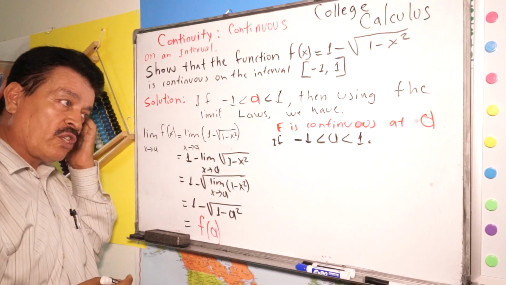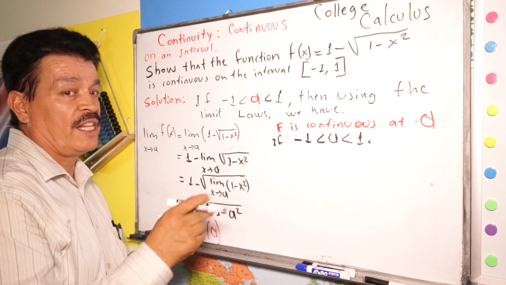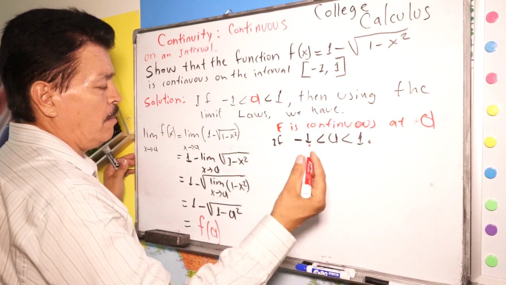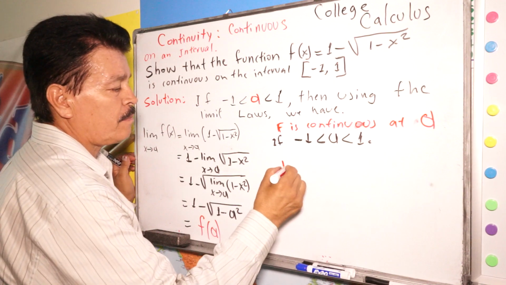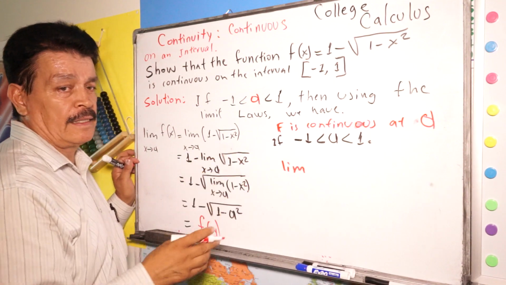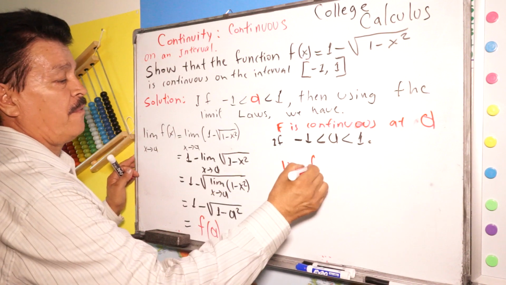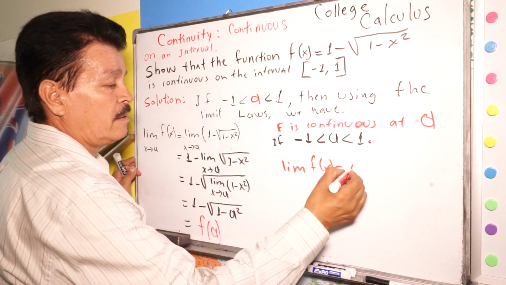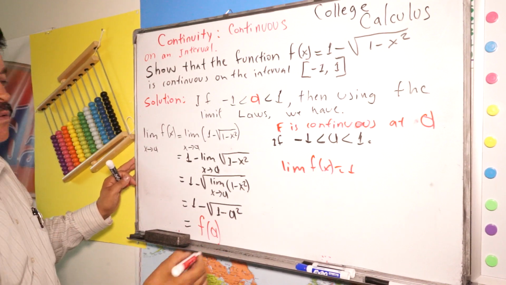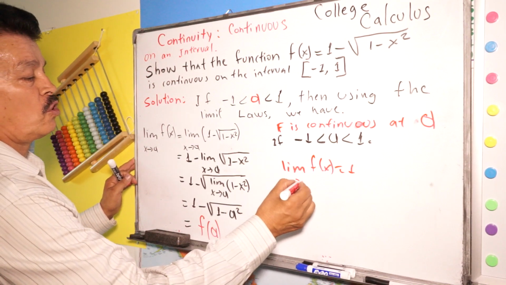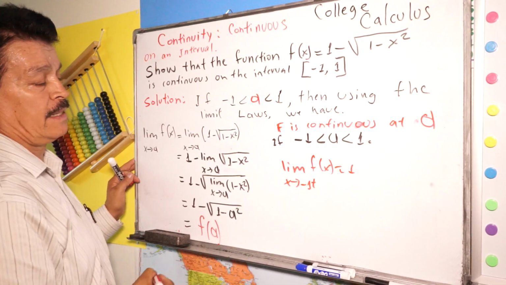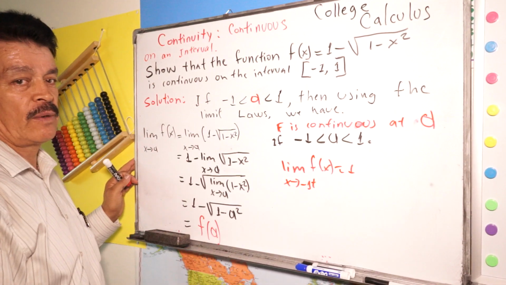A similar calculation shows that the limit of f(x) equals 1 when x approaches -1 from the right side, the right hand.